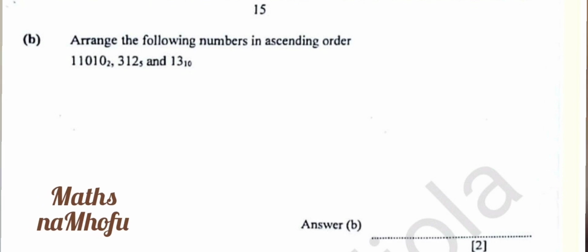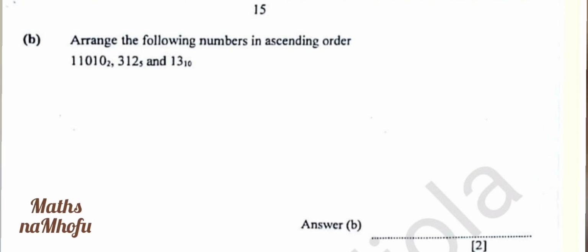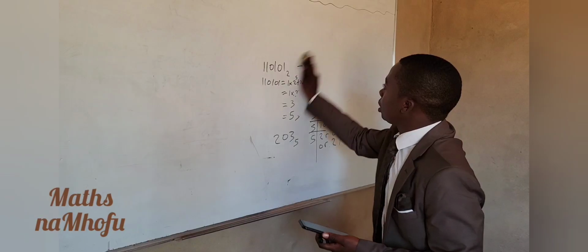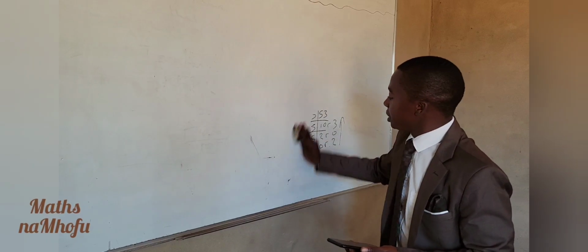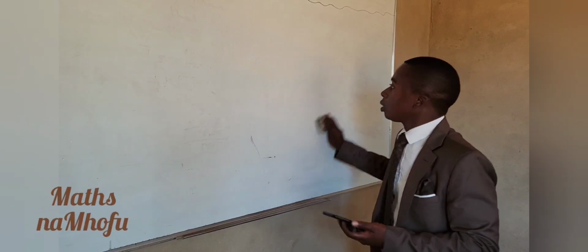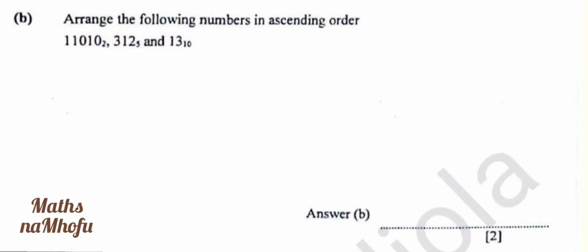Arrange the following numbers in ascending order. The first thing you have to know is what ascending means. The opposite of ascending is descending. Ascending means going up.